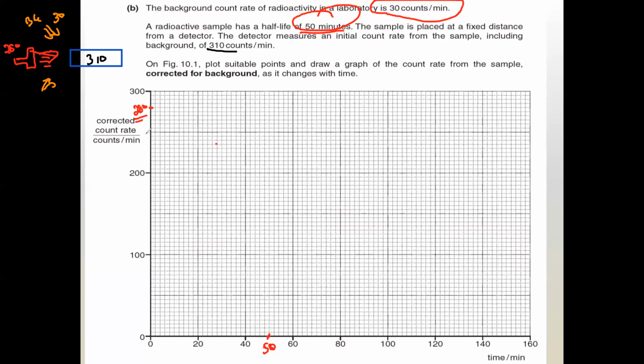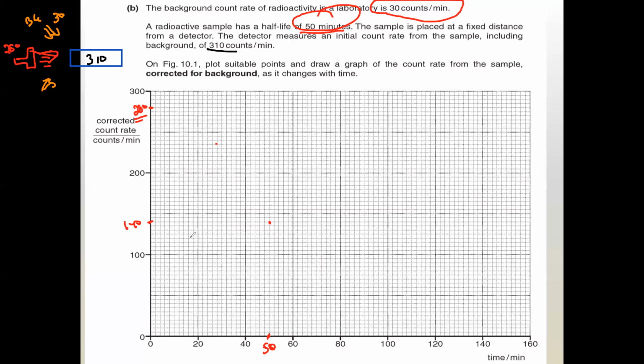What is half of 280? Half of 280 is 140. This is 150, so two boxes below that will be 140. So at time 50, the count is 140, and it will be here.